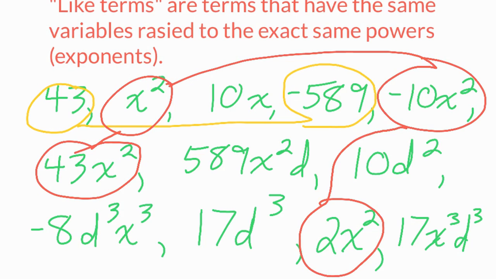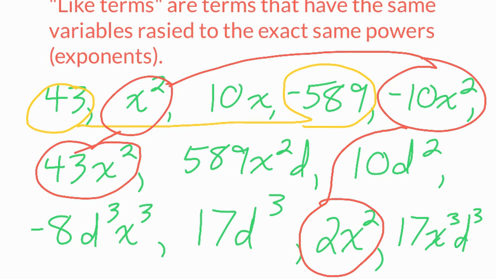What about these d's here? We have 10d to the 2nd power, and here we have 17d to the 3rd power. So we have the same variable here. Unfortunately, these are different exponents over here, so these also do not go together.